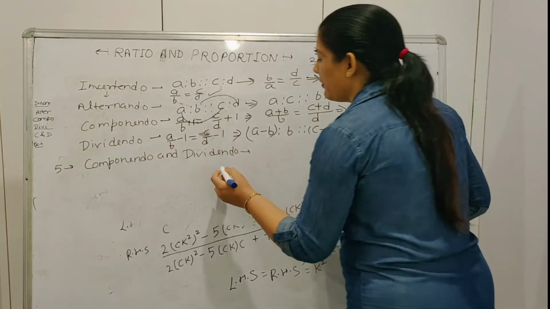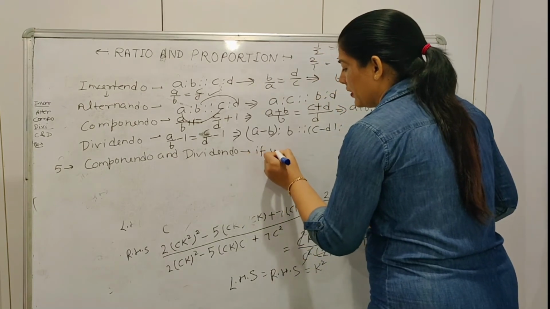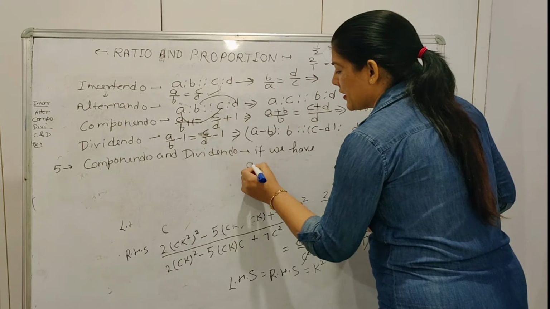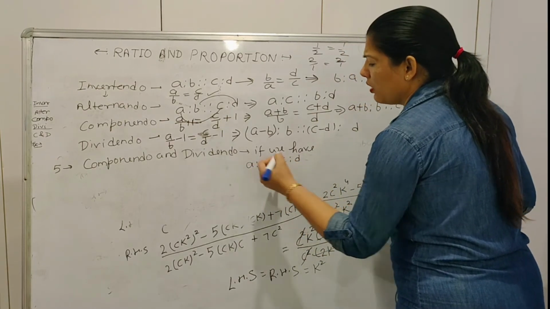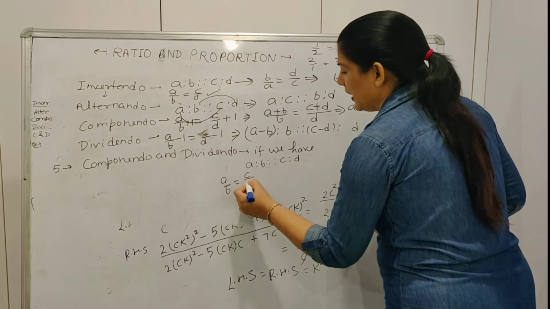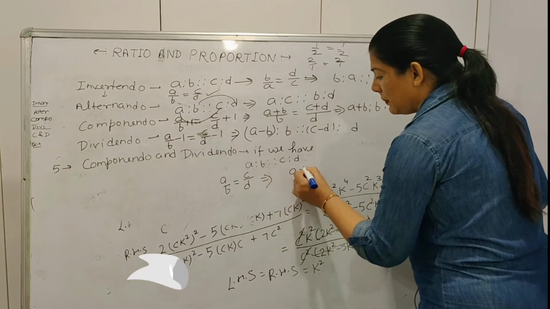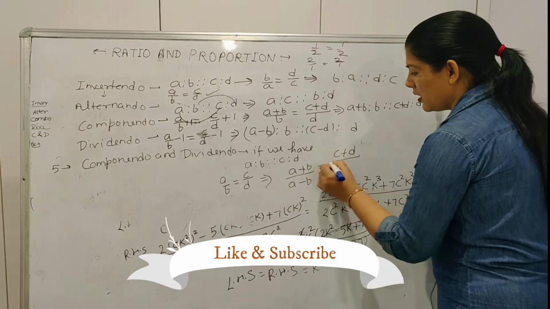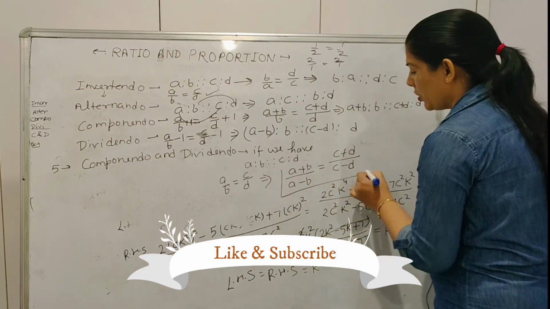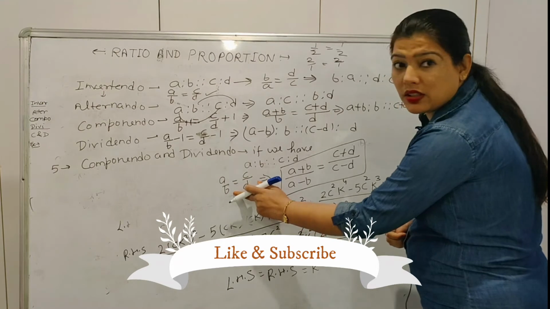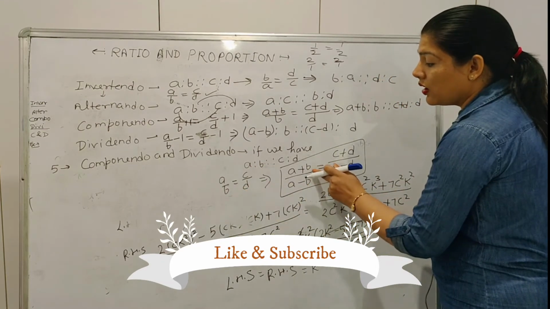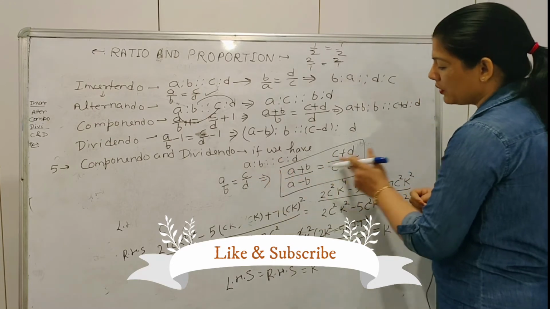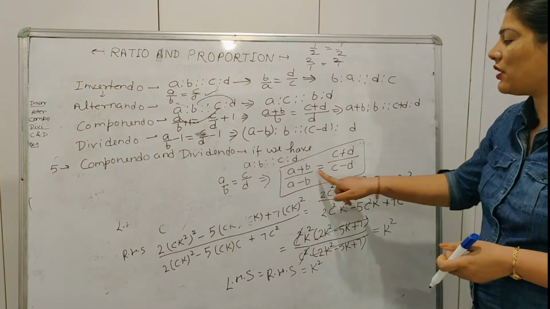So in componendo and dividendo, and this is very important for the question, if we have A is to B is proportional to C is to D, or A by B is equals to C by D, then it implies that A plus B upon A minus B is equals to C plus D upon C minus D. Look here, the sum of the numerator and denominator to the difference of them is equals to the sum of the C and D to the C minus D. So these are also in proportion.